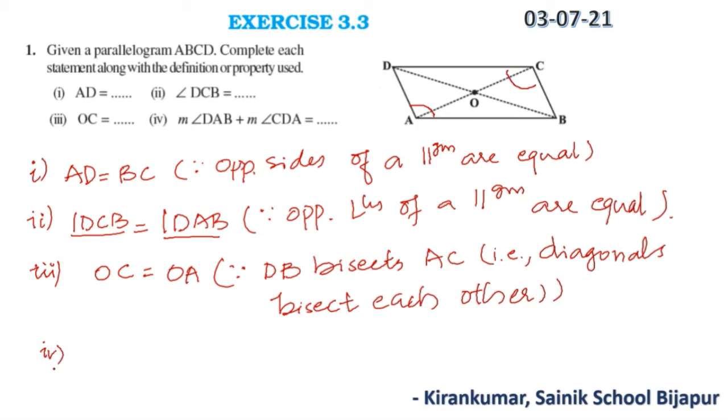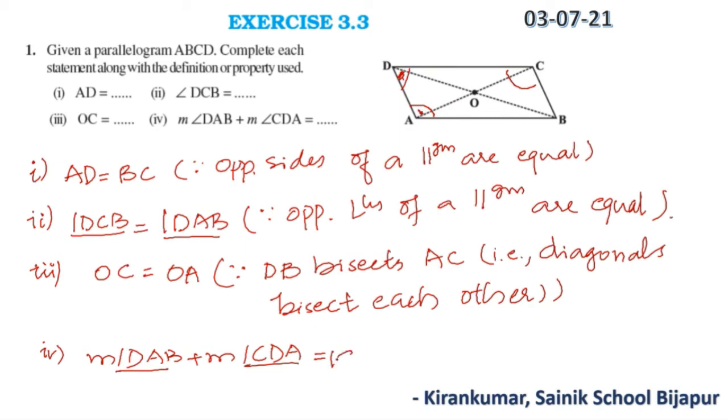The fourth sub-question, the measure of angle DAB plus the measure of angle CDA is equal to, understand that these angles DAB and CDA are adjacent angles. These two angles are adjacent to each other.